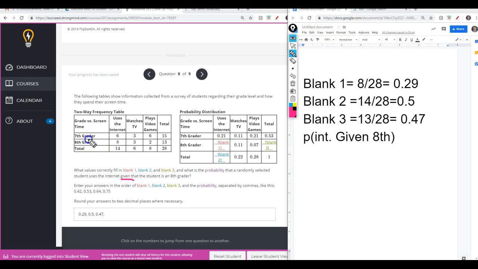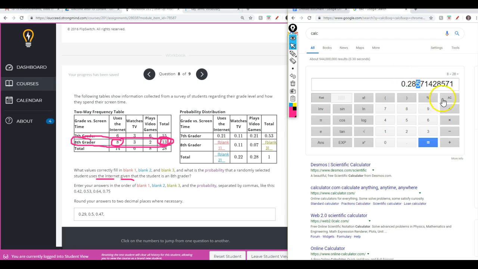Now we're only looking at 8th graders. So now our total number of 8th graders is 13. Now they want us to find how many of those use the internet. Well, there were 8 out of our 13 8th graders that use the internet. So that's going to be 8 divided by 13.